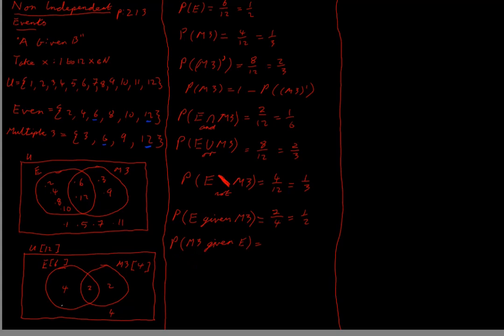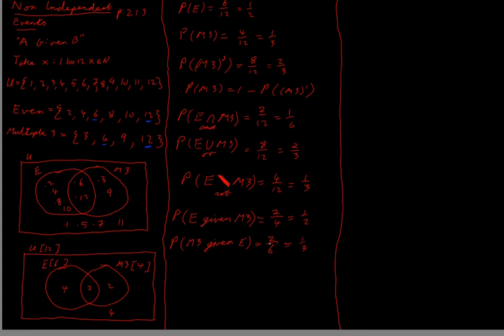We're given that it's even, so we are definitely in this group. We're inside this circle. So we have 6 possible outcomes in total. How many of them are multiples of 3? Well, there's only 2 outcomes here that are in our circle even and also multiples of 3. So it's going to be 2 out of our total of 6 possibilities. Because we know that it's even, we only have 6 possible outcomes. That's going to be a third.